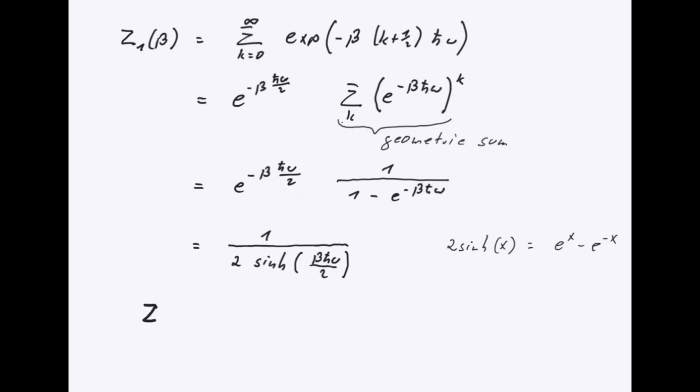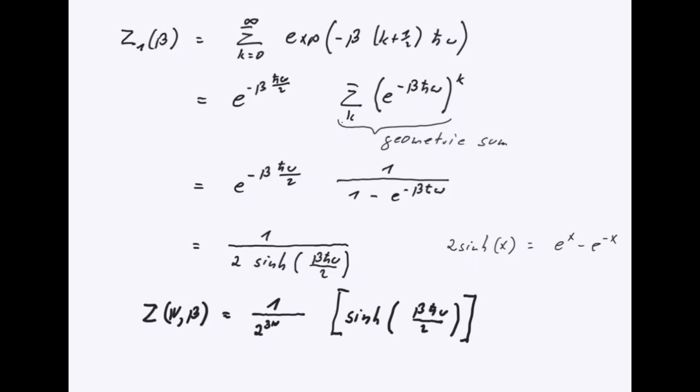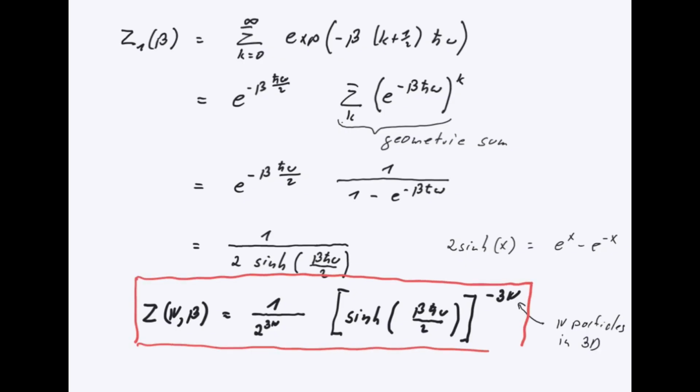Now the total solid is made up of 3N of those oscillators, hence the N particle partition function Z_N(β) is given by 1 divided by 2 to the power 3N times the N factorial times the sinh of β ħω/2 to the power minus 3N.